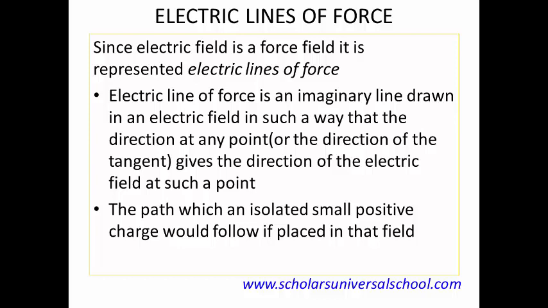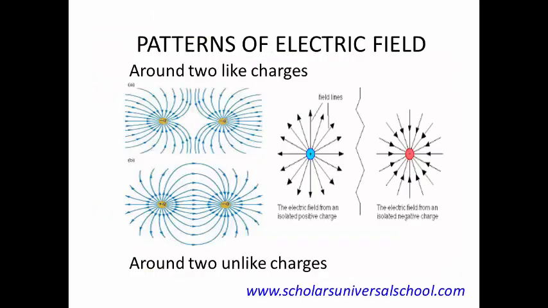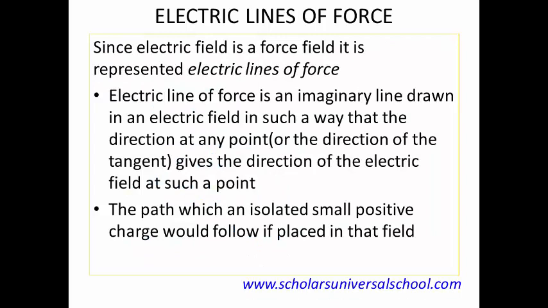Now, the electric line of force is just an imaginary line drawn in an electric field in such a way that the direction at any point gives the direction of the field at that point. So if I have a line showing the direction of the electric field, the line is telling you the direction the field will follow.